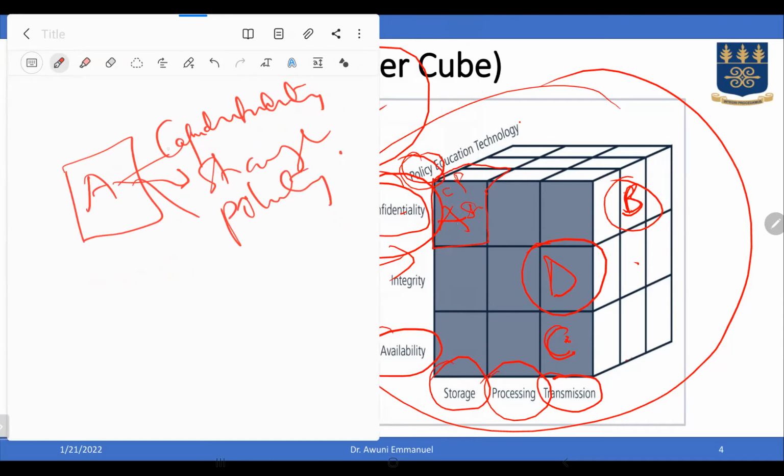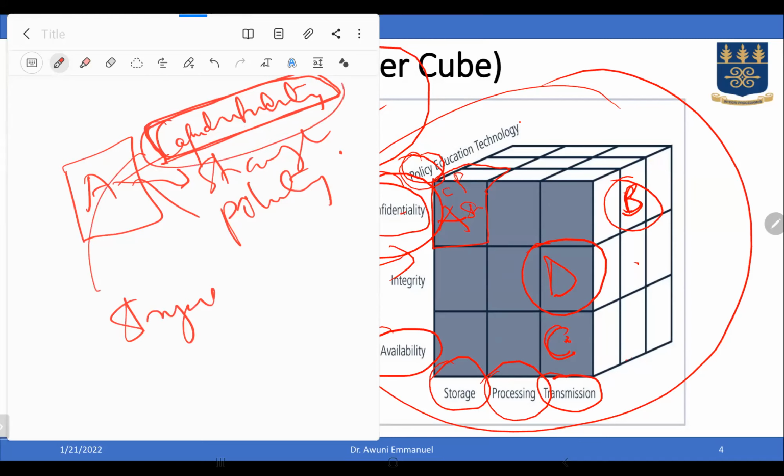So you see, when we talk about confidentiality, confidentiality is all about keeping the data safe and making it available only to those who are supposed to have access to that data, those who have the right to access the data. That is confidentiality. Now, the data is in a database, in storage. To ensure that this confidentiality is protected, you may need to develop a security policy to guide how to protect confidentiality when the data is in storage.